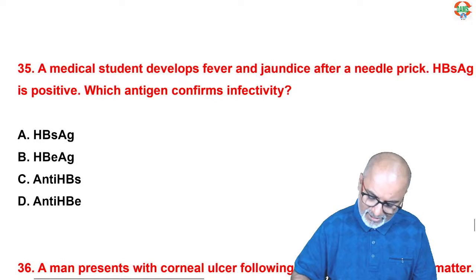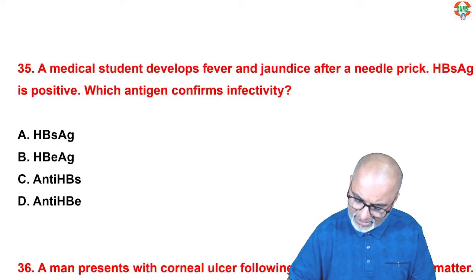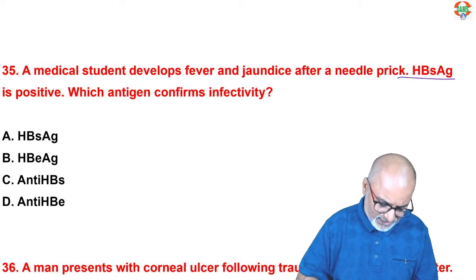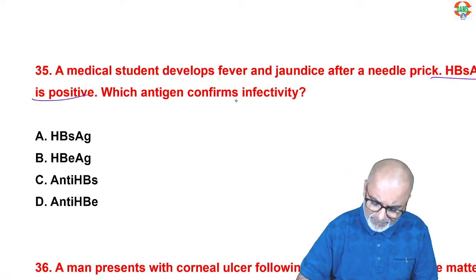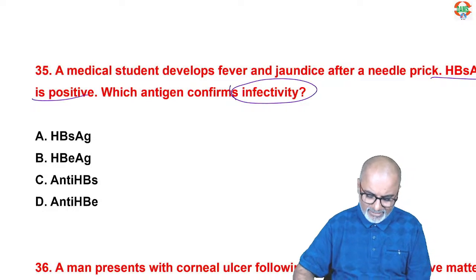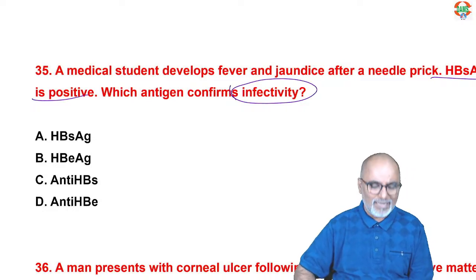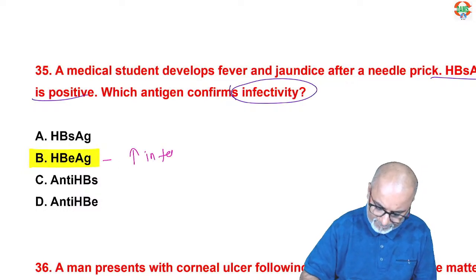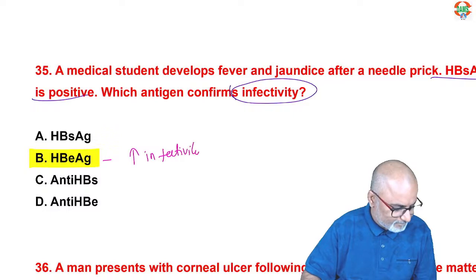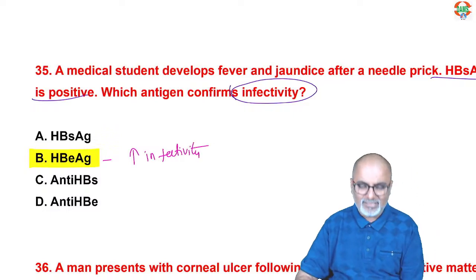Next is a medical student who develops fever and jaundice after a needle prick. Surface antigen is positive. Which antigen confirms infectivity? Infectivity is decided by envelope antigen. Envelope antigen, high infectivity.